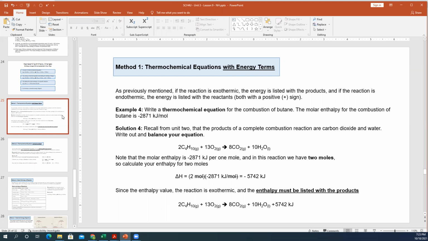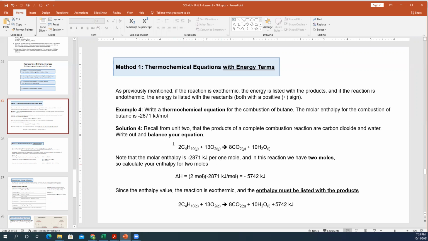So if a reaction, as we've talked about before, is exothermic, the energy is listed with the products on the product side of the equation. That's on the right side, so listed with the products. If the reaction is endothermic, that means energy is being put in, then it would be written on the reactant side, on the left side.